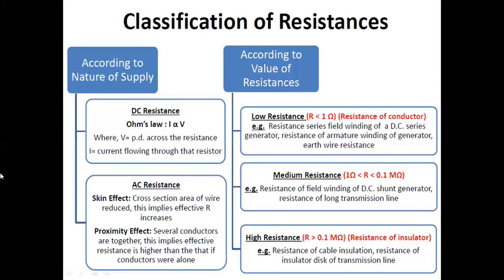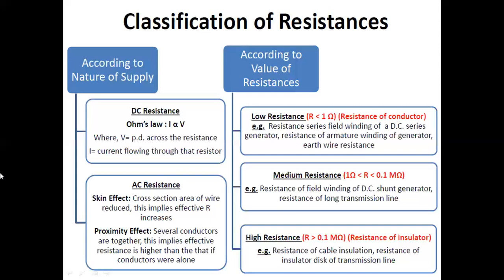But depending upon the circuit, whatever the supply we provide, the amount of the resistance will change. For the DC circuit, it will obey the simple Ohm's law, that is V equals IR, so R equals V by I. We can easily determine the DC resistance.